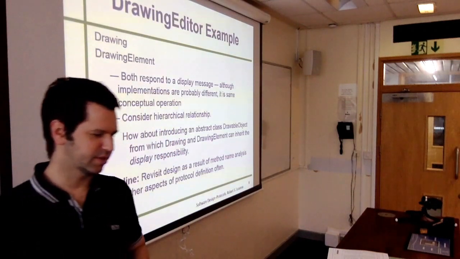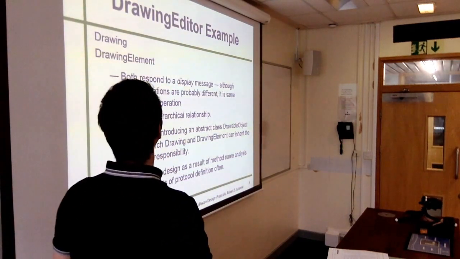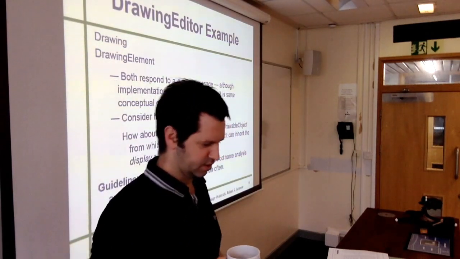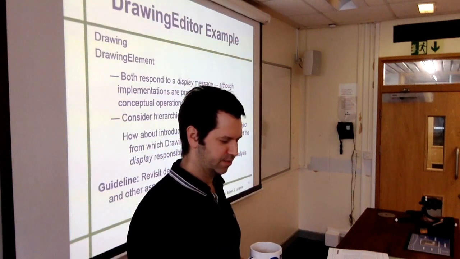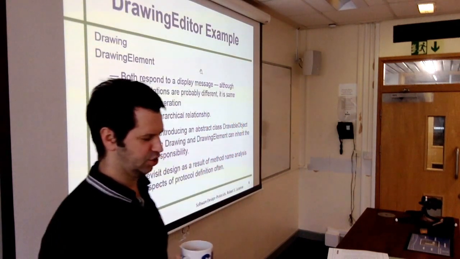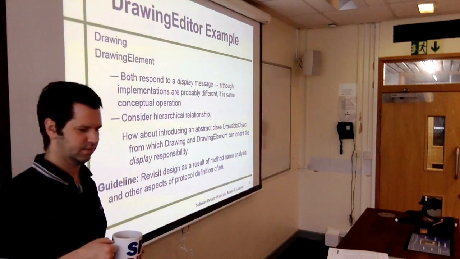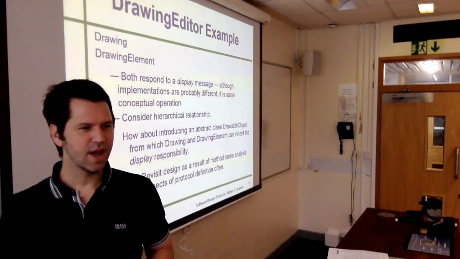So let's look at some examples. Remember our amazing drawing editor program. We have a class called Drawing and a class called Drawing Element, and they both have a display message, even though their implementations are different. It's conceptually the same.